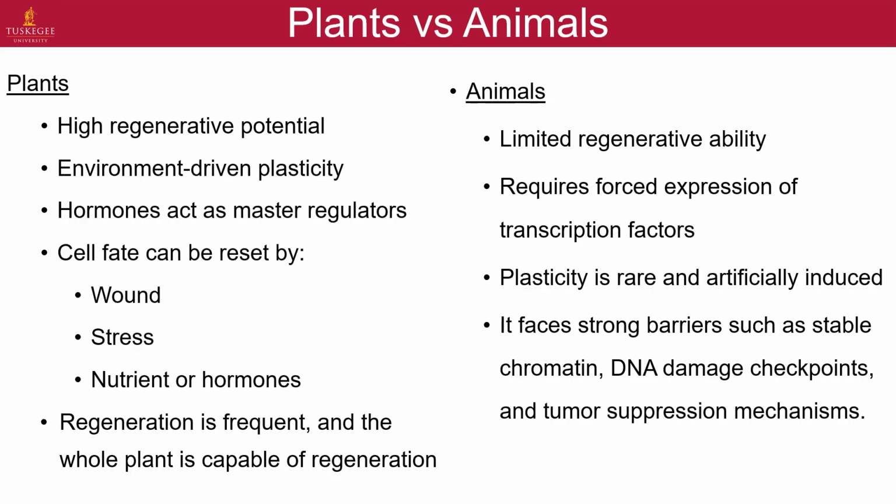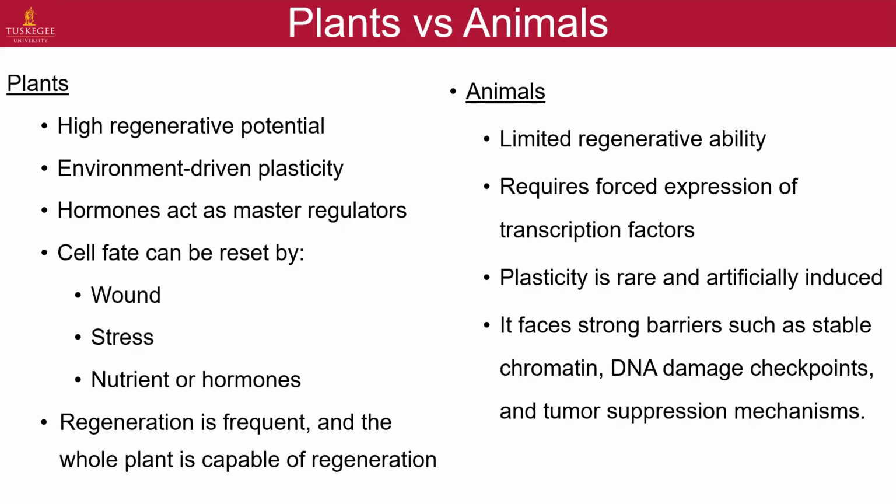In general, regeneration in plant cells takes advantage of cellular plasticity, and the whole plant is capable of regenerating because of cellular plasticity that is more flexible in plant cells.